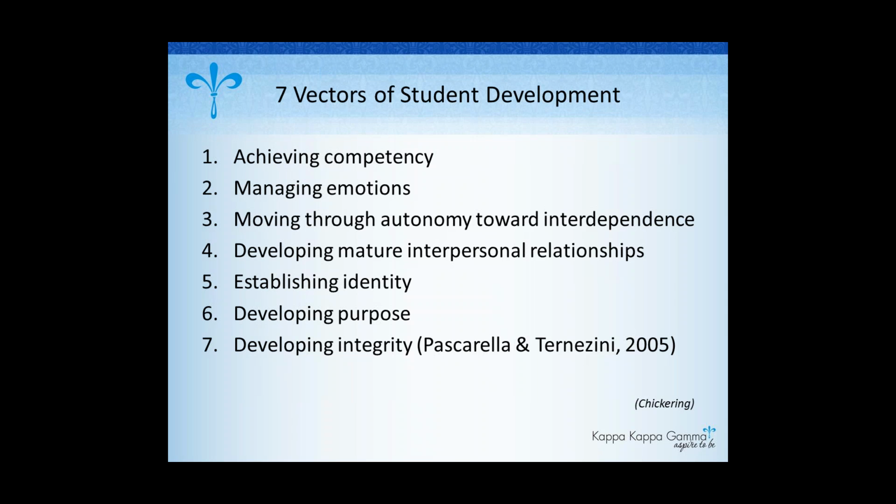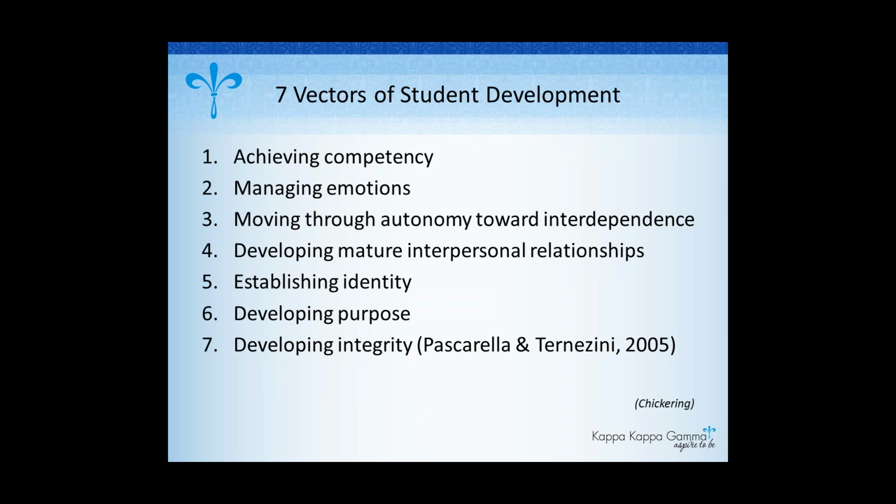The chapter women that you're working with may progress through these different vectors at different rates. It doesn't just happen their first year, second year, junior year, senior year. It varies, and they also have a tendency to interact with each other. So there's not just a 1 through 7 step-by-step guide that is easy to follow.